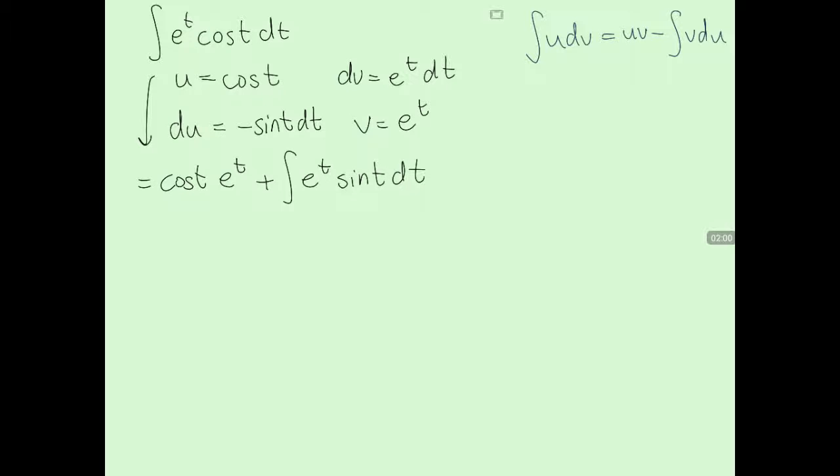So right now, we seem to have an integral that's equally tricky. But let's see if we can do this again and get somewhere. We want to make sure that things don't all randomly cancel out. Because if we get this integral positive on the right-hand side, then everything will cancel out and it won't be very helpful. So what we want is this sign to be negative when we do the integral of v du.